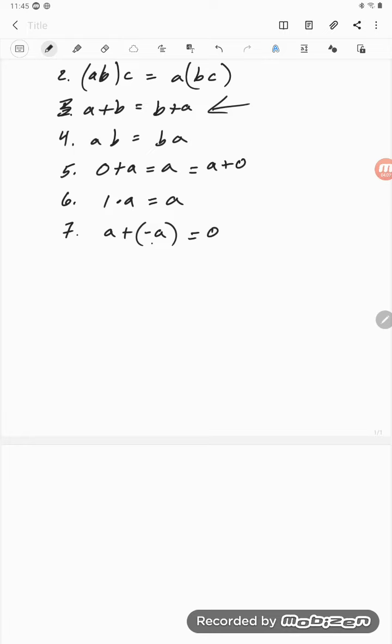So this isn't subtraction. Now you can try doing something like that, saying that if we want A minus B, that is defined as A plus a negative B, or the additive inverse of B, okay? But notice this is an element named negative A, and it may or may not have a negative sign on it, but the point is that if we add these two things together, we get 0.